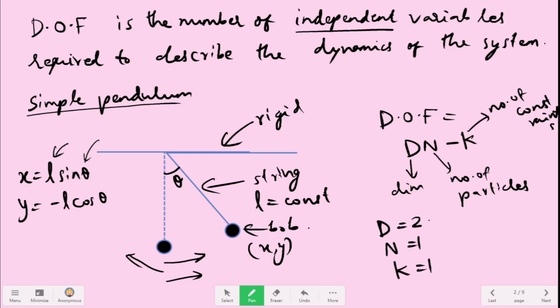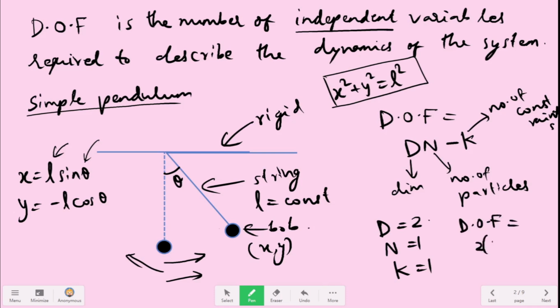In the case of simple pendulum, the restriction is x square plus y square is equal to L square. This is the restriction in the case of simple pendulum. So number of constraints is 1. So according to the formula, degree of freedom is equal to 2 times 1 minus 1, which is equal to 1. So this formula is working.